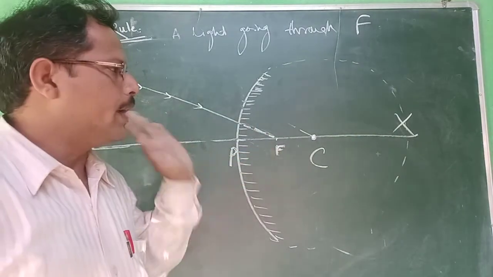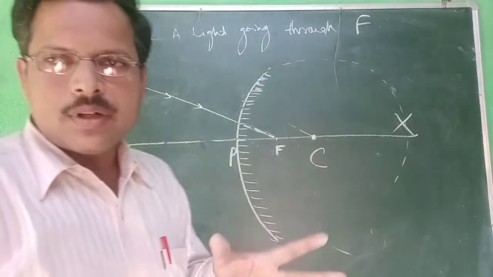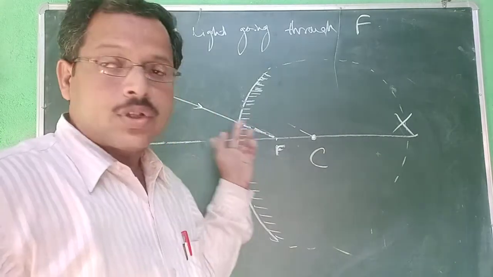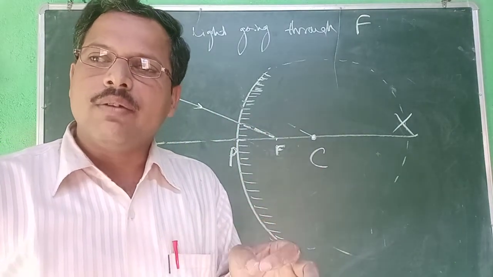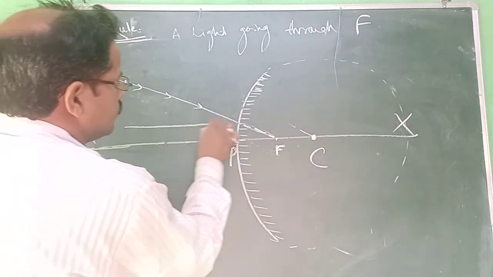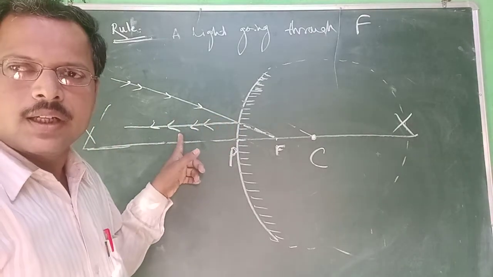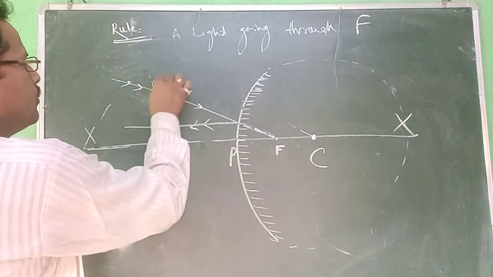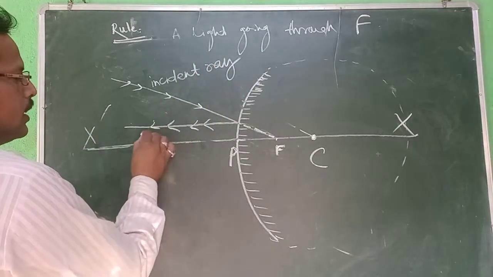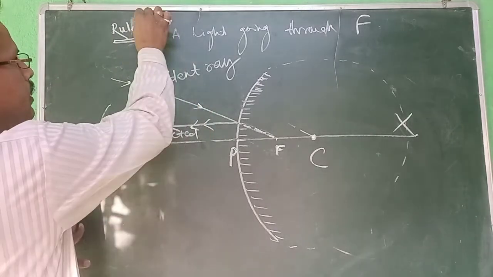So what happens? The reflected ray will diverge because of the diverging surface. Okay, it is a diverging mirror, so it will reflect in such a way that the ray will be parallel with the principal axis. Okay, this will be the reflected ray, while this is the incident ray. And this is the reflected ray. Rule 3.